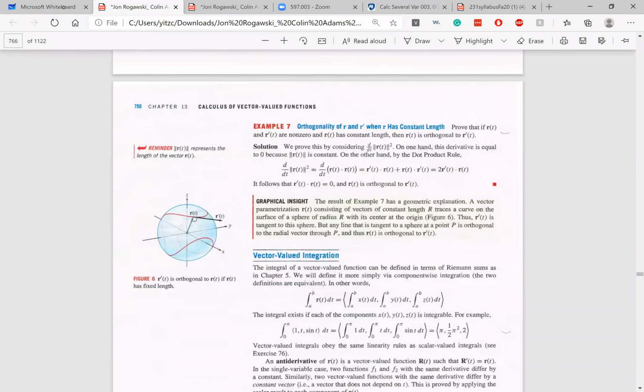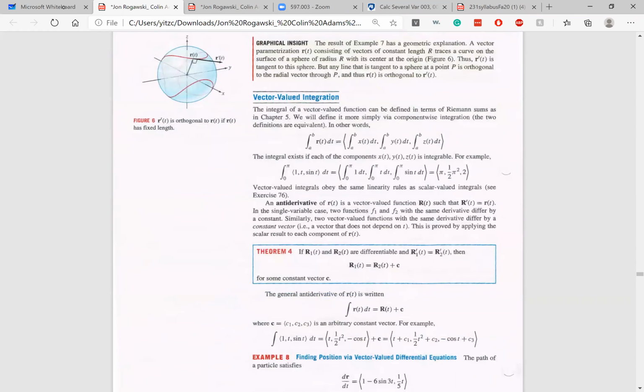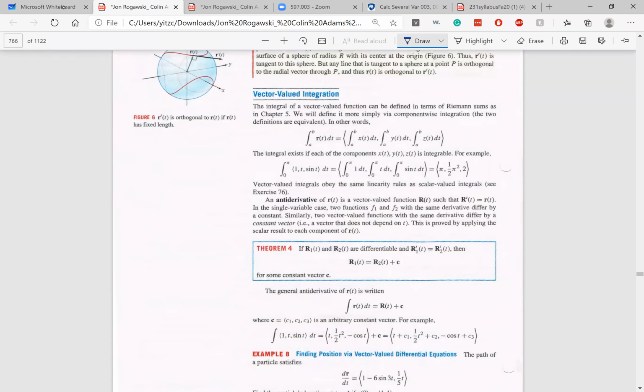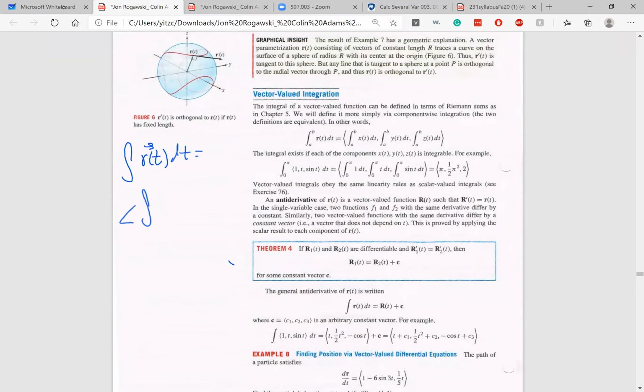So now we are going to continue with integration. When we integrate, we are going to integrate every component individually again. So the integral of r of t dt is going to be the integral of x of t dt, the integral of y of t dt, and the integral of z of t dt.